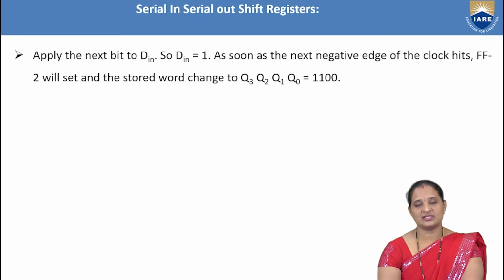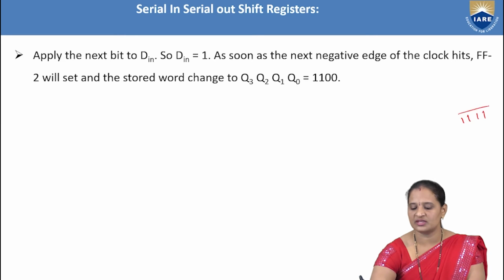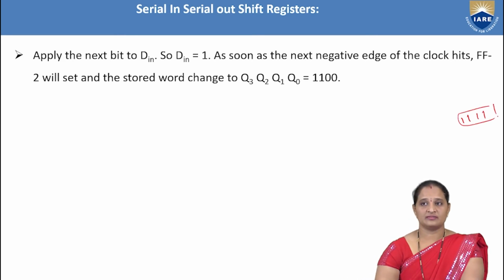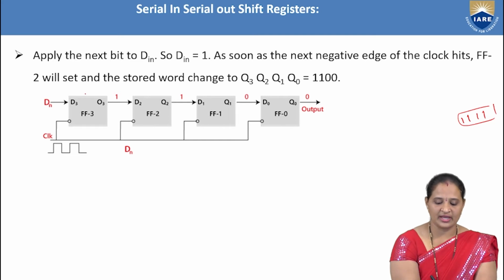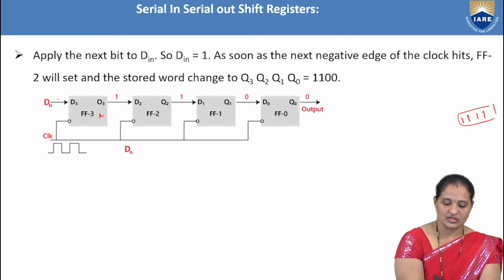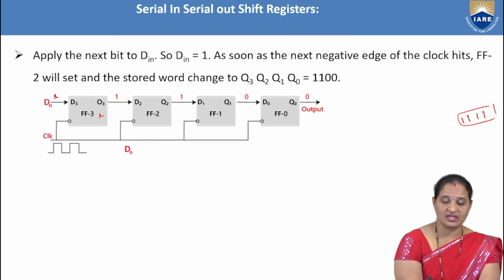Next, during the next clock pulse, I want to store all ones in the register. So during the next clock pulse, again I am sending D into the flip-flop here. Already it was 1 here. So now I am sending again 1 to the leftmost flip-flop. The 1 which is already there will be pushed here.